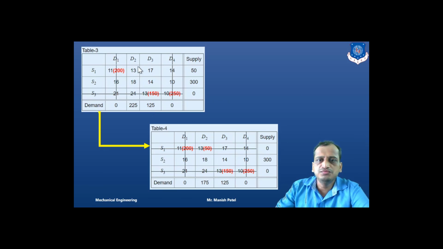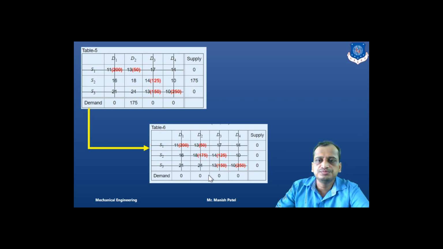Out of these four cells, the minimum one is 13, so we allocate 50 here. If we allocate 50, we can cancel this supply-side constraint. And from 225 we are left with 175. Here 175 and 125 we can easily allocate, and that is our final answer.